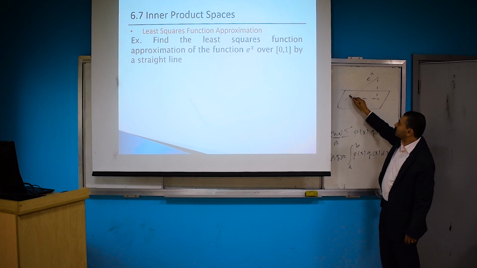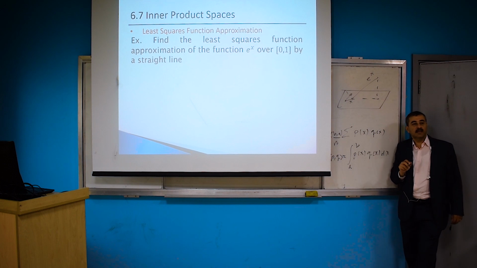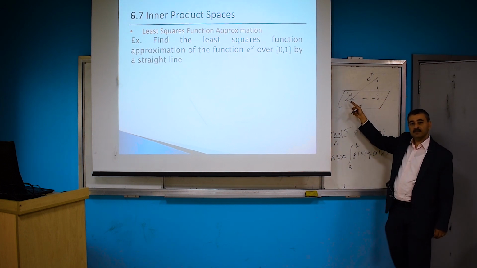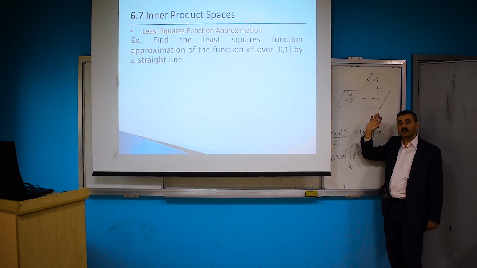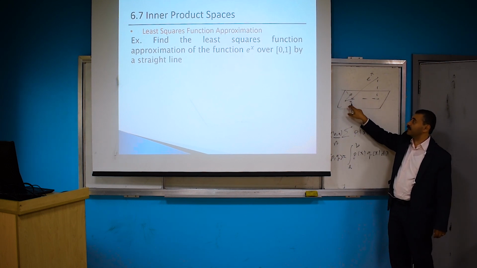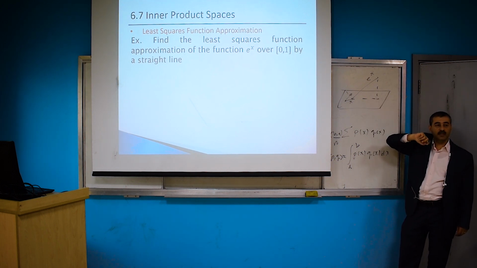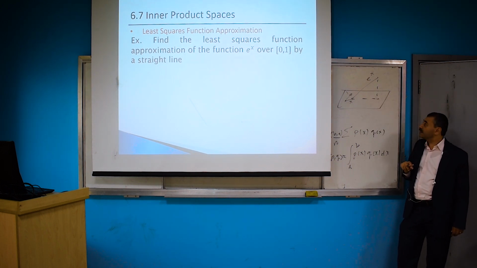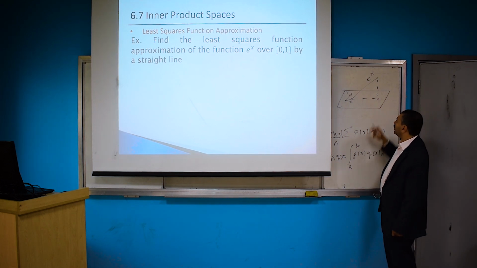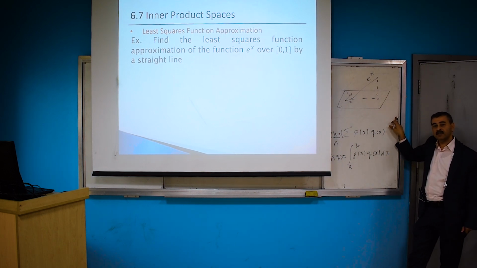So if you have, for example, here 1 and x, the span of these guys is a straight line. So we want to find the closest line that is a linear combination of these guys that is closest to your exponential function. Okay? You can do it by projecting e power x onto this space.